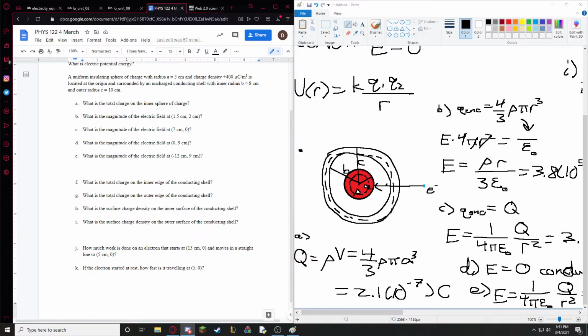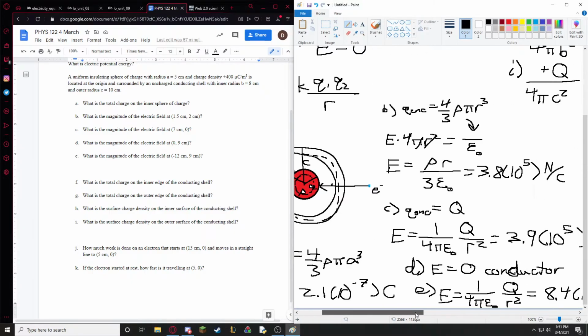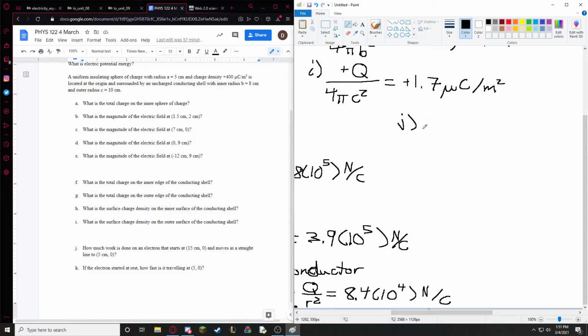All right, so we have our electron. It's starting out here and it's moving this way in a straight line, and we want to know how much work is being done on the electron while it does that. So first of all, how do we find work? Work is going to be equal to what?